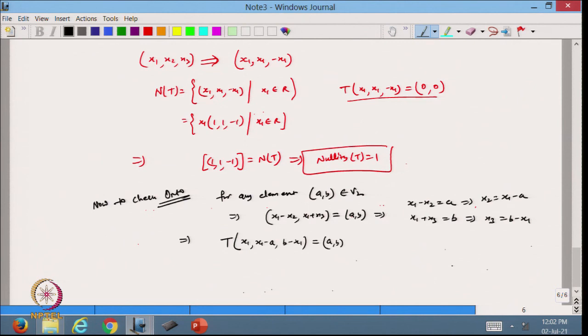It means for any vector belonging to V2, there is a vector in V3 such that T of that vector is equal to this one.